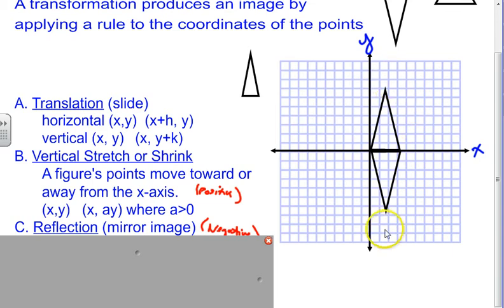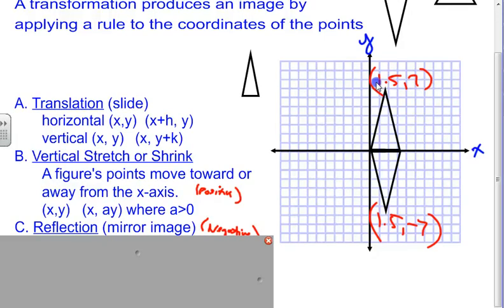So when you reflect across the x-axis, which value becomes the opposite? 1.5, 7 became 1.5, -7. So when you flip across the x-axis, which becomes opposite? Y. The y coordinate, right?